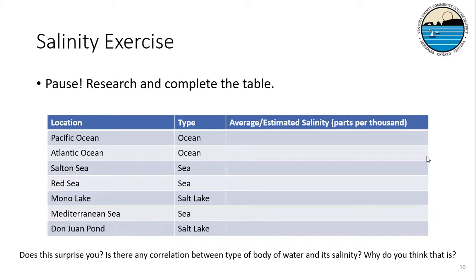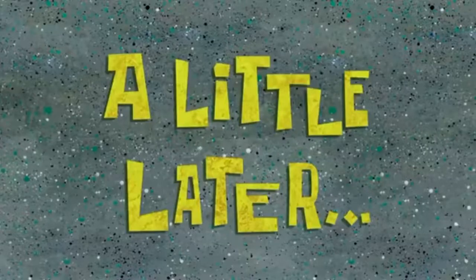So if you've ever been to Mono Lake on your way up to Mammoth, you might have noticed that there are these really interesting salt formations. And it's a really cool place to visit if you haven't been there before. So what I want you to do is look up these salinity values and write them down, and we'll talk about them in a second. So hit pause now.